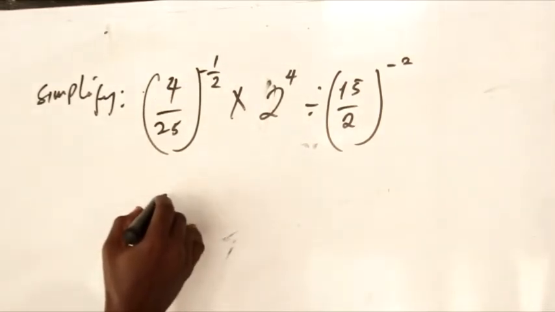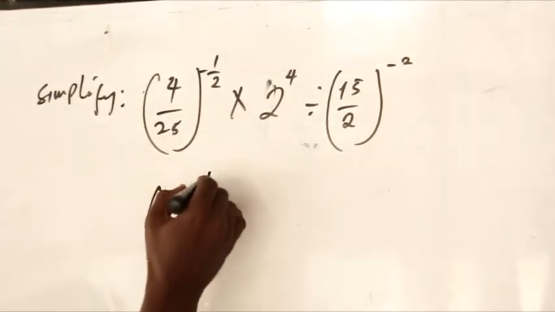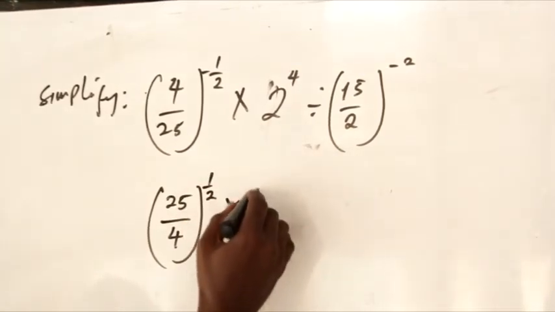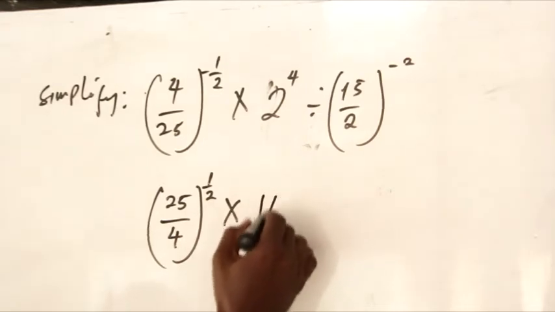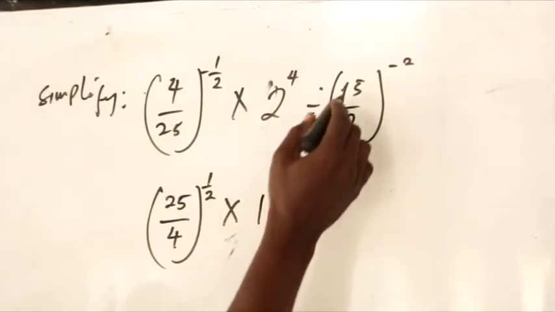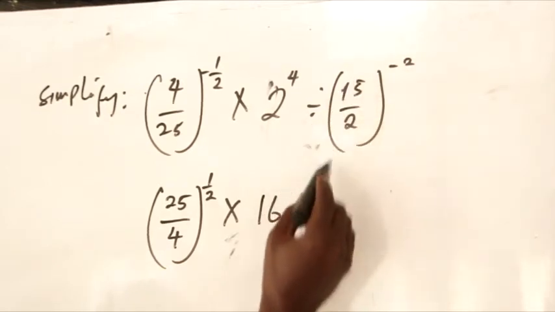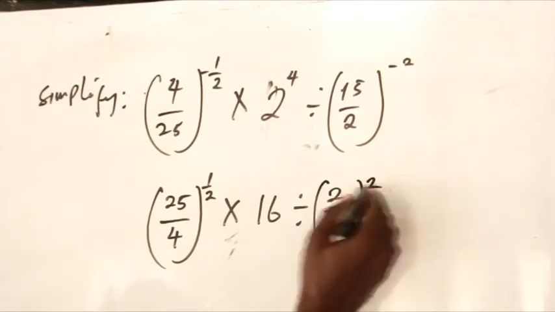This becomes 25 upon 4 raised to the power of 1 upon 2, times 2 raised to the power of 4, which is 2 times 2 is 4, 4 times 2 is 8, 8 times 2 is 16. Divided by this another negative power, we take the reciprocal of this fraction. This becomes 2 upon 15, all raised to the power of 2.